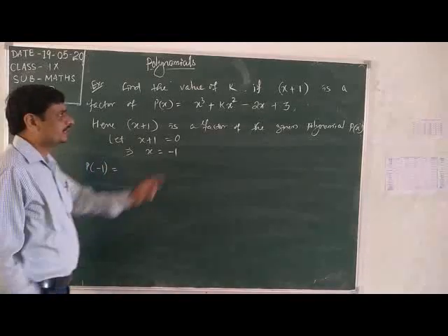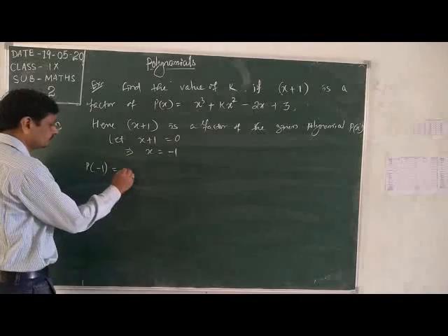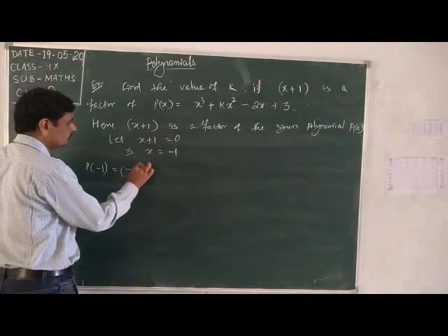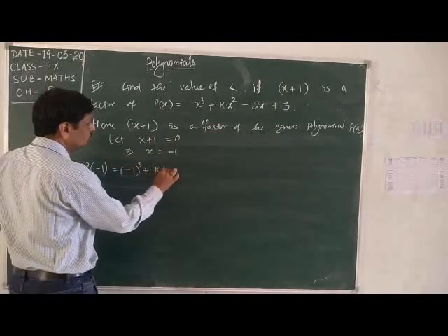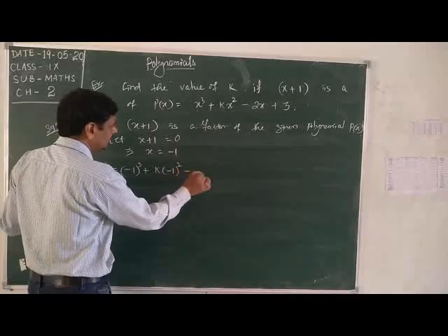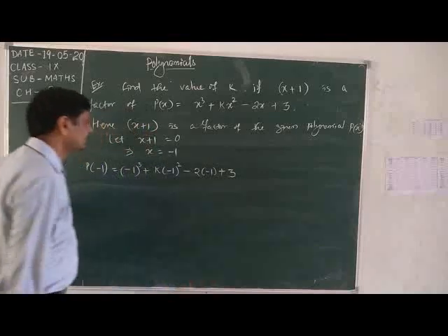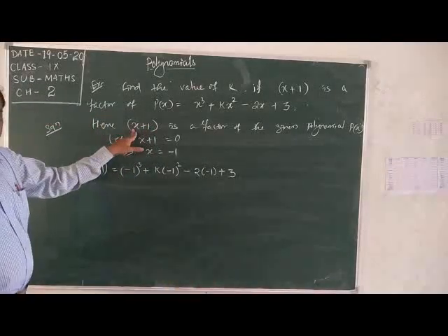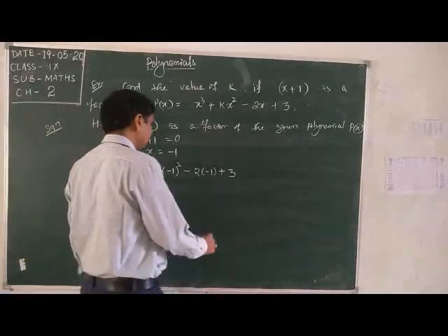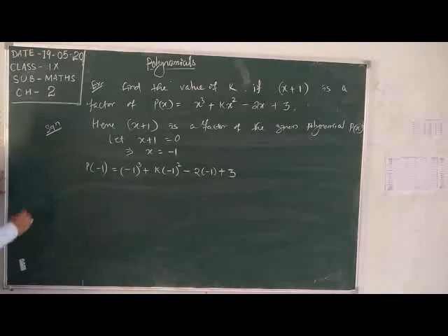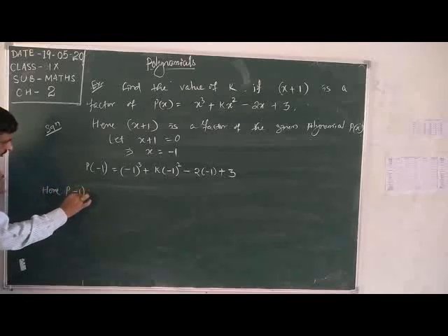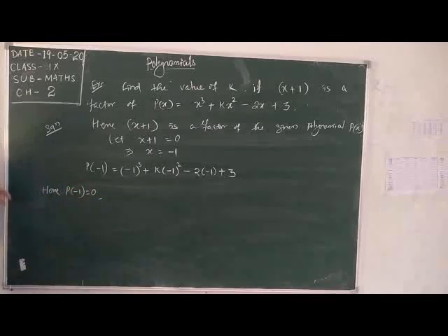It becomes minus 1 whole cube plus k into minus 1 whole square minus 2 into minus 1 plus 3. Here x plus 1 is a factor, so p of minus 1 is 0.